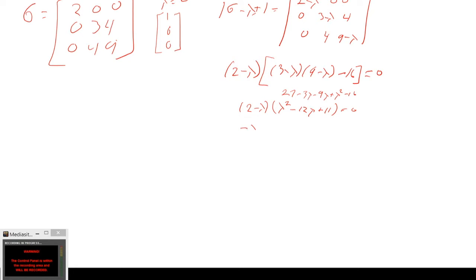And we're left with minus lambda cubed, I'm not going to show the algebra, plus 14 lambda squared minus 35 lambda plus 22 equals 0. So this is our characteristic polynomial.